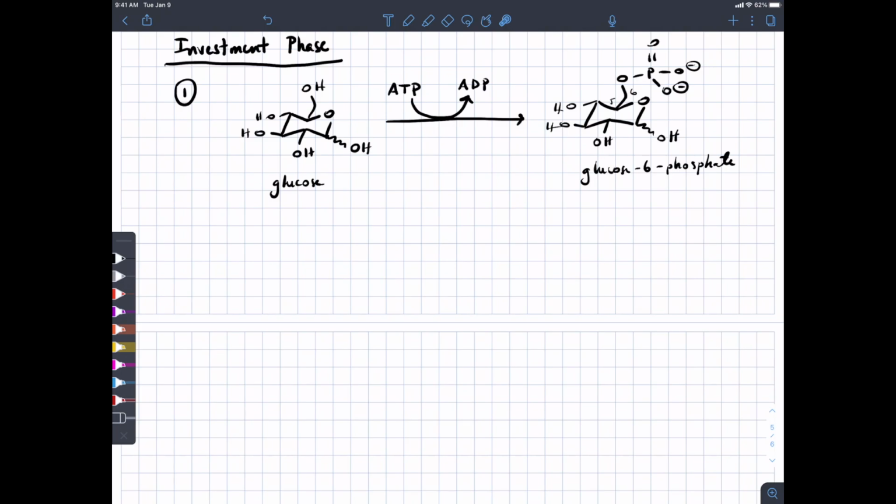That's sort of just implied. The enzyme that catalyzes this is called hexokinase because it phosphorylates a hexose, which is a 6-carbon sugar.